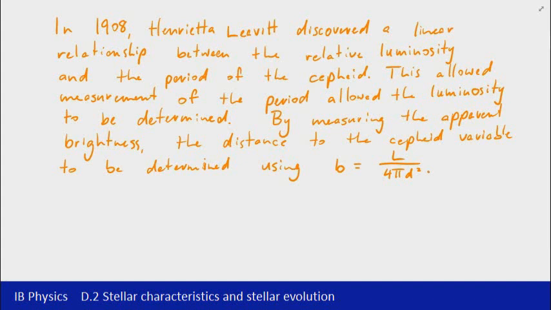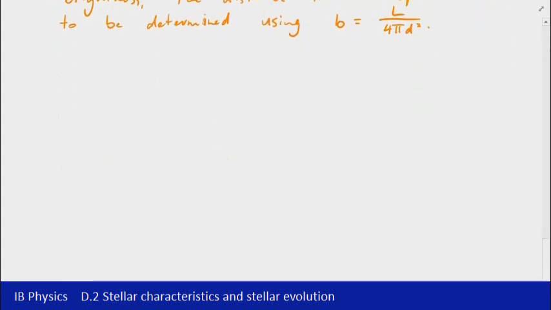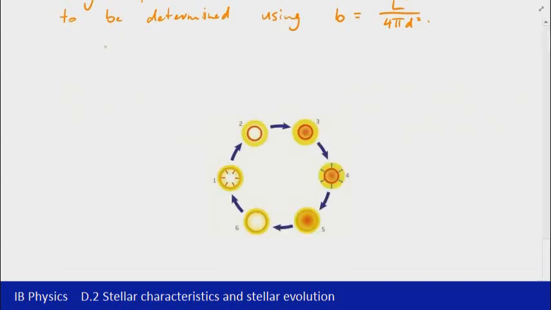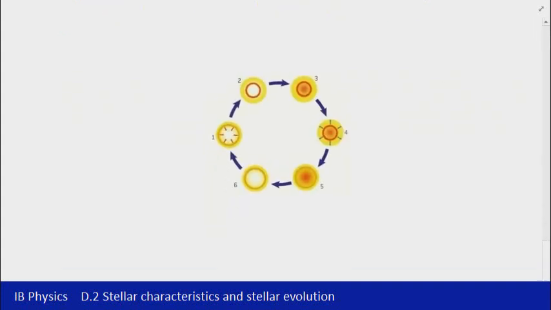Now, the other thing that we need to have a look at here is the reason why we get this variation in intensity for Cepheid variables. And to do that, we'll use a diagram here. You can see the cycle that we've got going on, and I'll notate what's happening in each case. If we start off at position 1, eventually we get a loss of hydrostatic equilibrium.